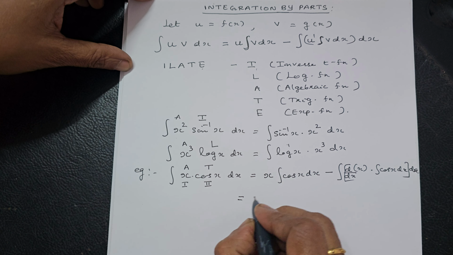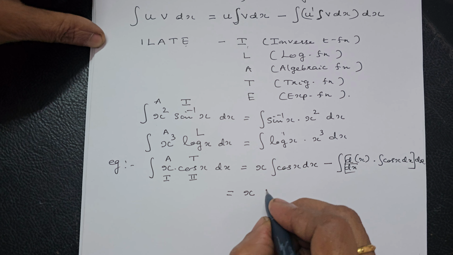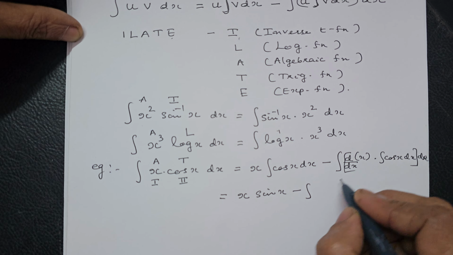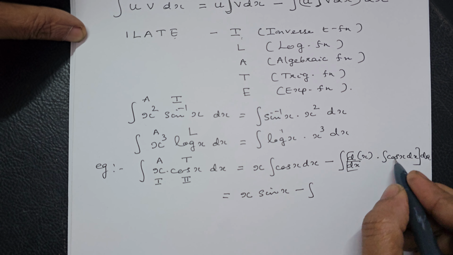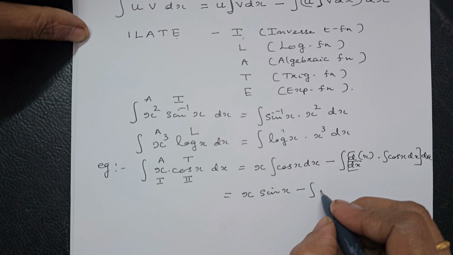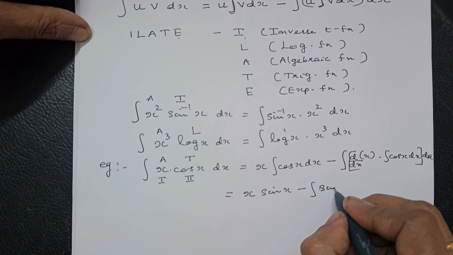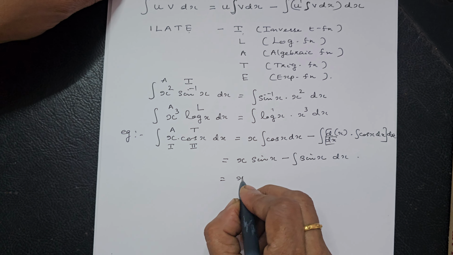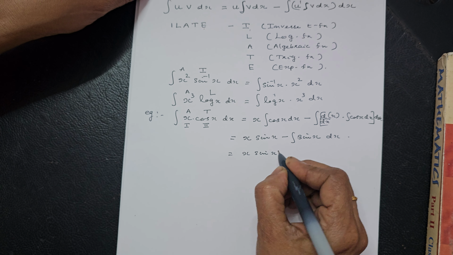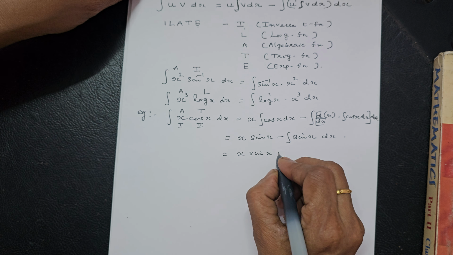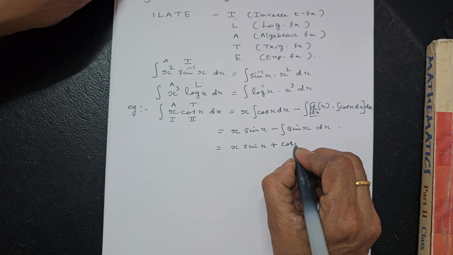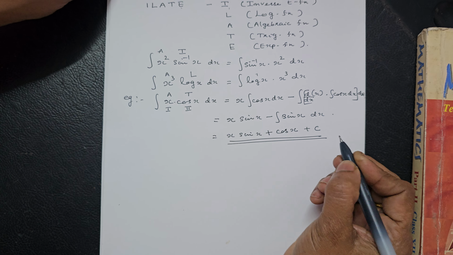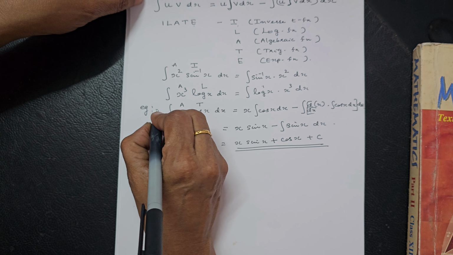So that is equal to x into integral of cos x, which we know is sin x, minus integral of d by dx of x, which is 1, into integral of cos x, that is sin x, dx. We can write this as x sin x. Integral of sin x is minus cos x, so minus of minus is positive cos x plus c. This is how we apply the integration by parts rule.